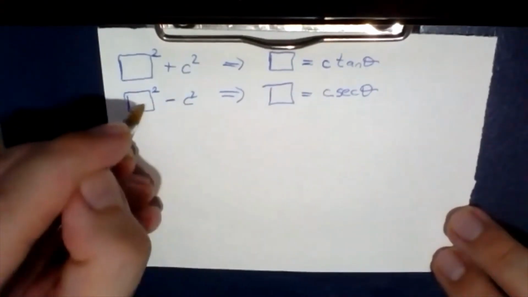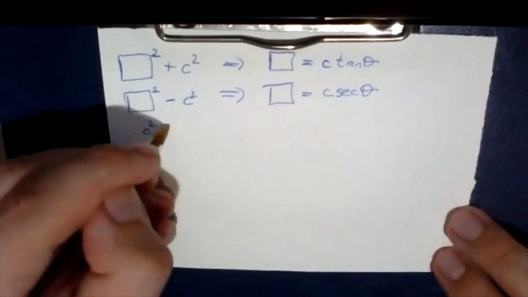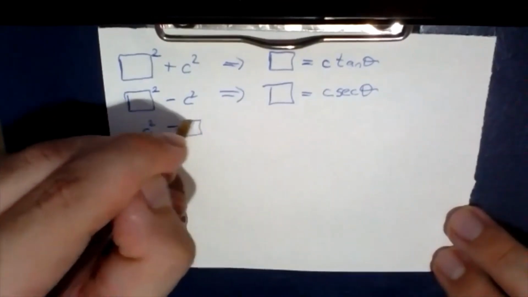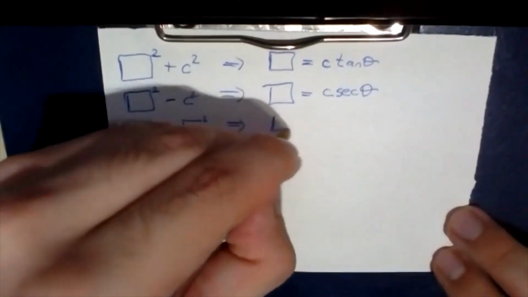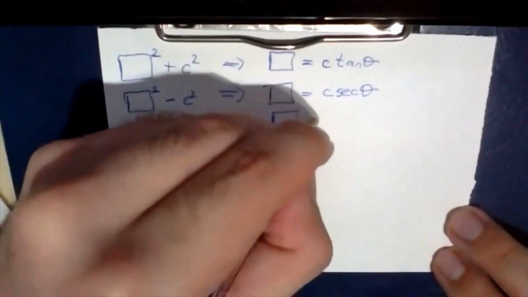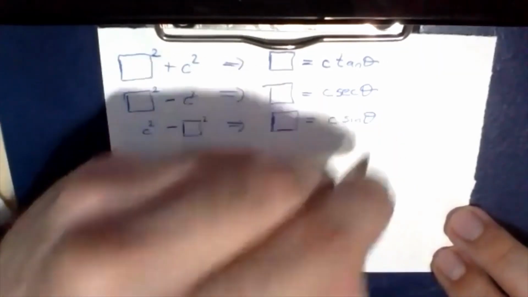Or maybe they may change their places. We can subtract square of something from a constant number. Then this substitution will be suitable. Of course, square root of c times sine theta.